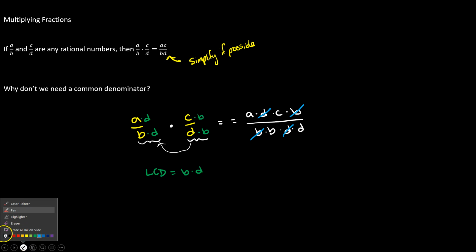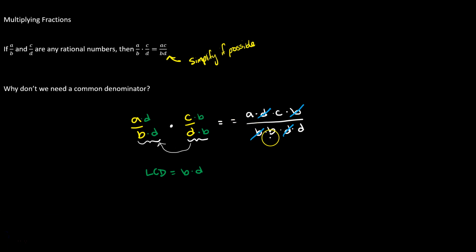Now there are 2 factors of b on bottom, so one of them is left over, and the same for the d. So after we simplify, we have a times c over b times d, which is the same thing we have for the rule that I have at the top of the screen. So short answer, we don't need a common denominator because it would divide off even if we found one.